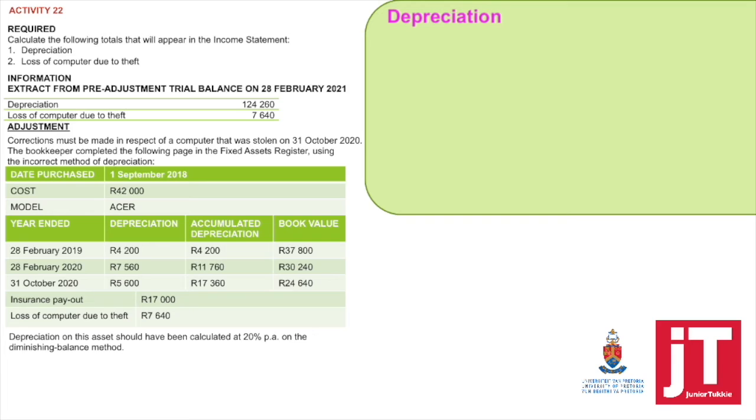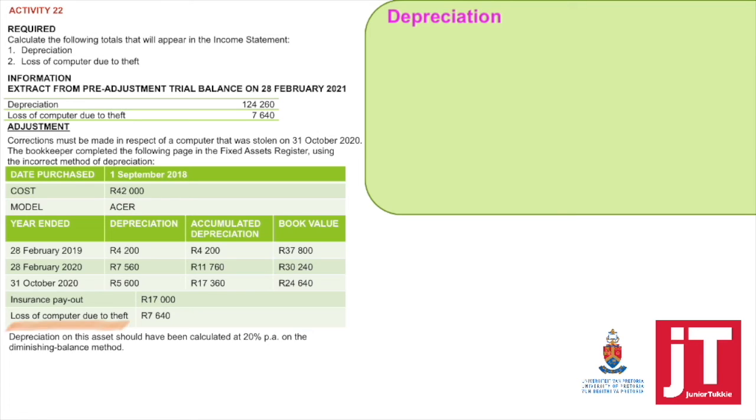The bookkeeper completed the following page in the fixed asset register using the incorrect method of depreciation. So he's calculated depreciation on cost. It should have been calculated 20% per annum on diminishing balance method. So all the steps were done 100% correctly. The only problem was the method in which the depreciation was calculated.